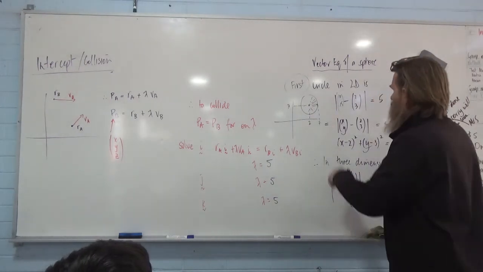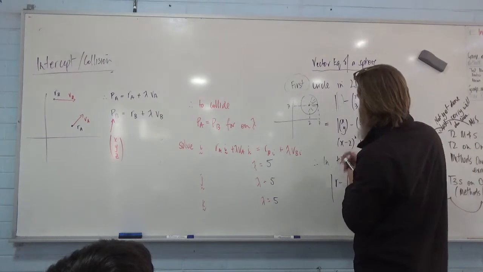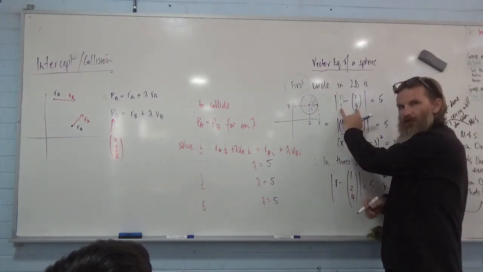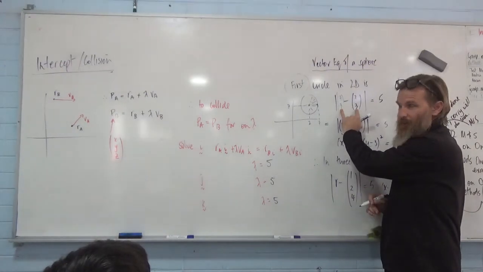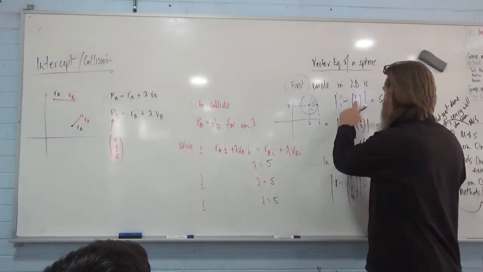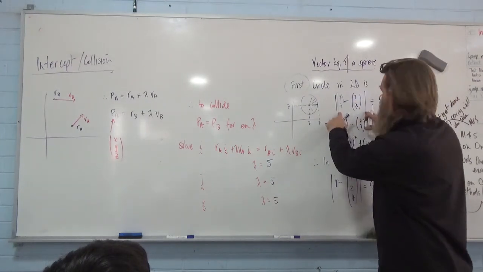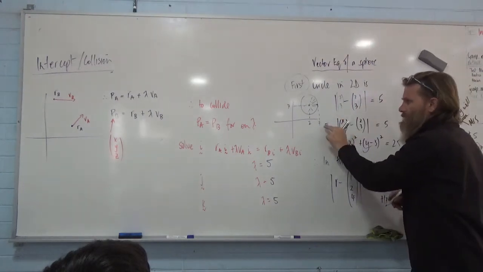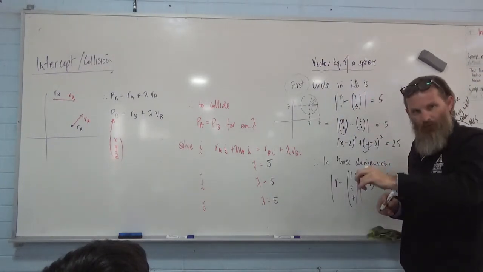So if I put (7, 3) in here, well, that bottom line is 3 minus 3, that's 0. 0 squared is still 0. 7 minus 2 is 5. 5 squared, absolute value, square rooted, is going to be 5. So because that works, that says the point (7, 3) is on the circle.